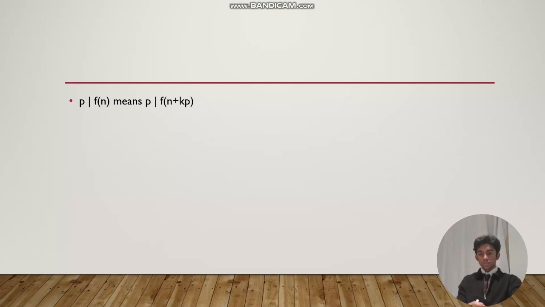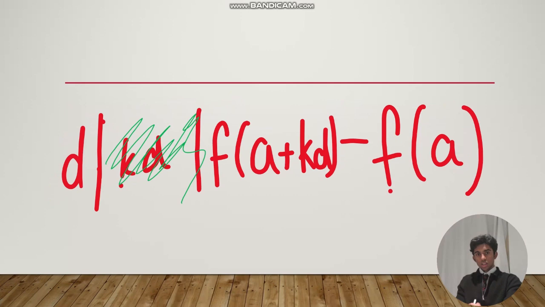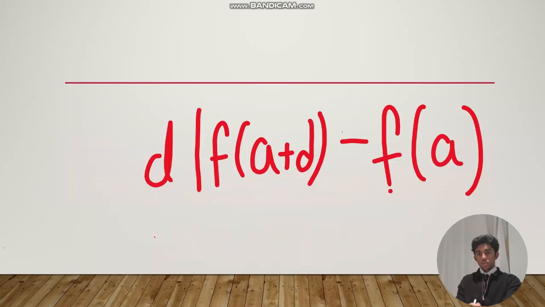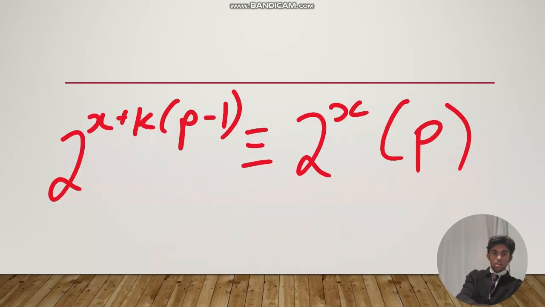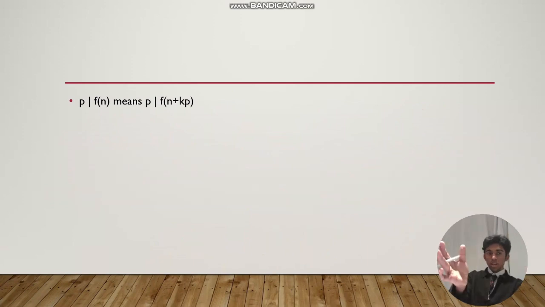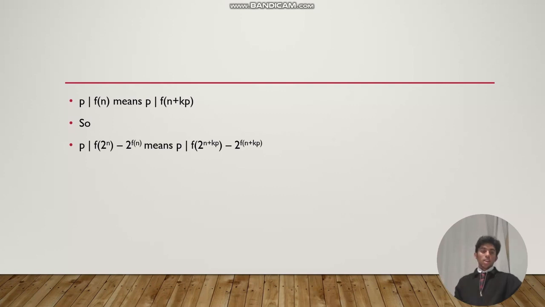So, as we've demonstrated by this, p dividing f of n means p divides f of n plus any multiple of p. So if we pick p dividing f of n, then we can just say that p divides this weird thing over here that we were given in the question.